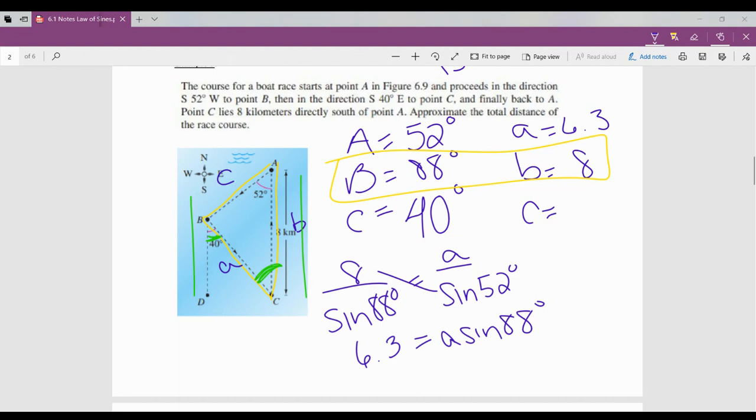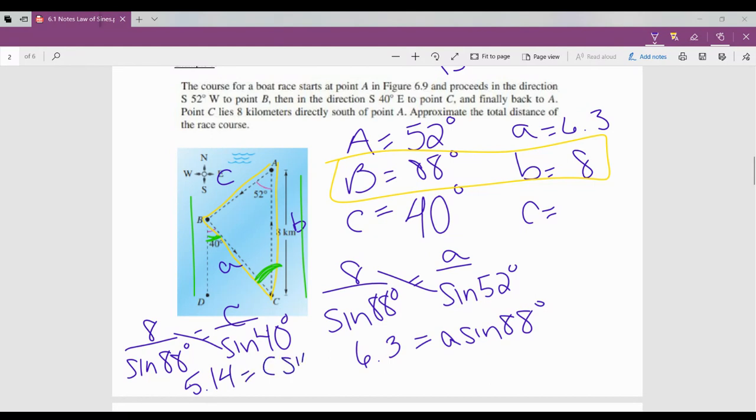Now I do my second one, which is the C one. So 8 over sine of 88 equals C over sine of 40. We cross multiply, so 8 sine of 40 is 5.14 equals C sine of 88.